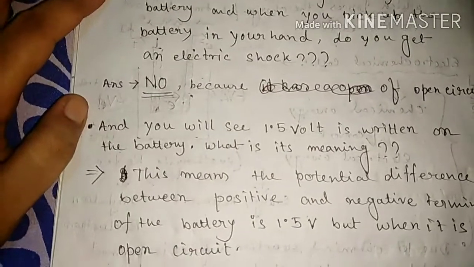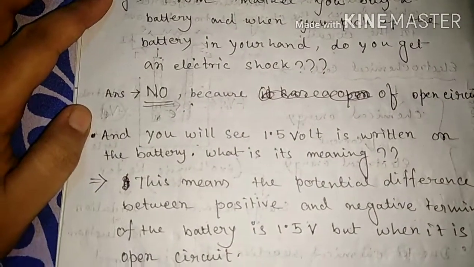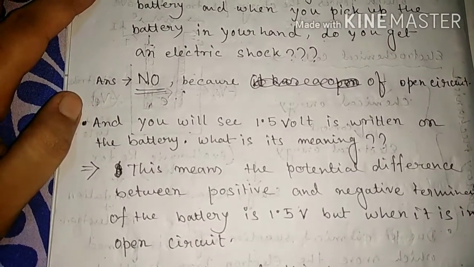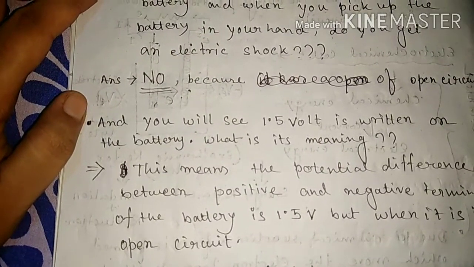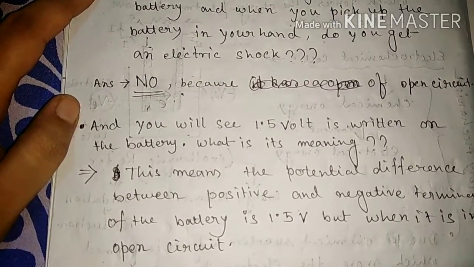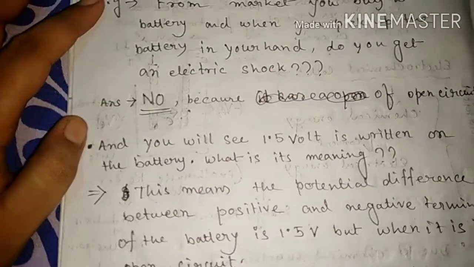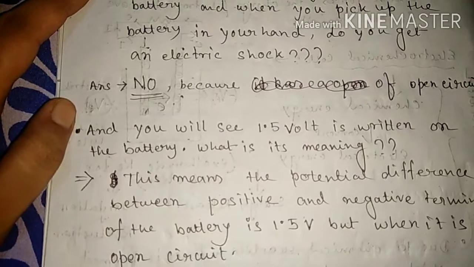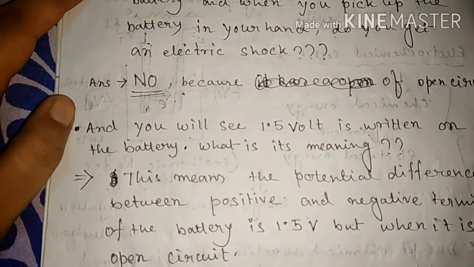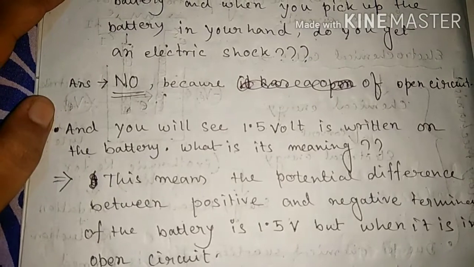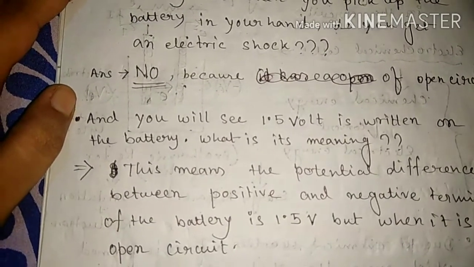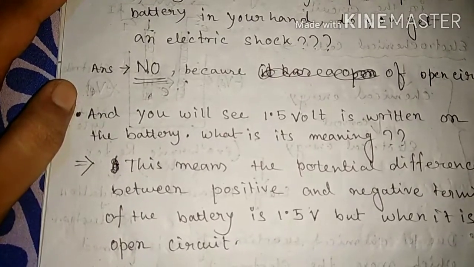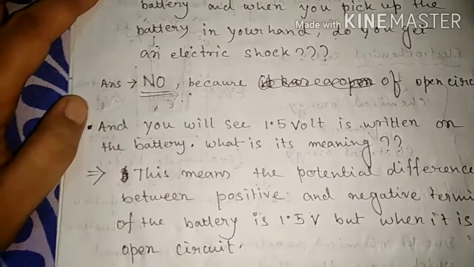But what happens when we connect it in a circuit? It will not give the 1.5 volt, it gives less than 1.5 volt. Because when we connect this battery in a closed circuit with any electrical device or any external circuit, its potential difference decreases, because a potential drop is there against the resistance. When we connect any electrical device, it loses its energy, it loses its potential.